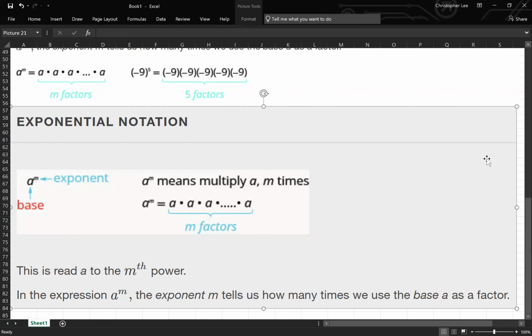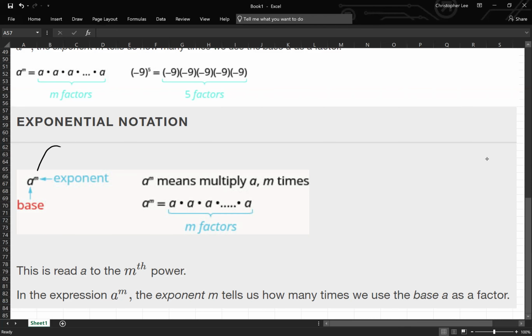So exponential notation, right? So I just want to be clear, right? The base, right, is the A, right? The exponent is that superscript number at the top, the little baby number at the top right here. That's the exponent, right? So a to the m power means multiply a m times, right?